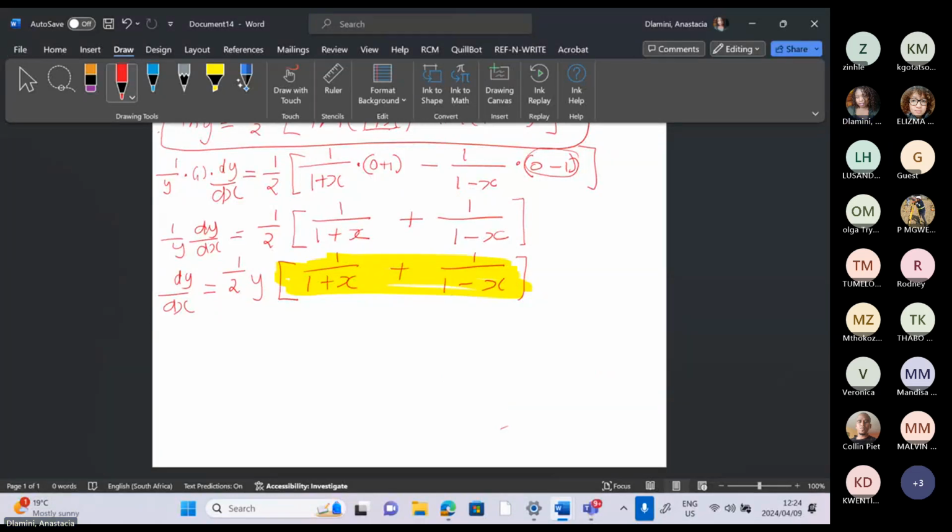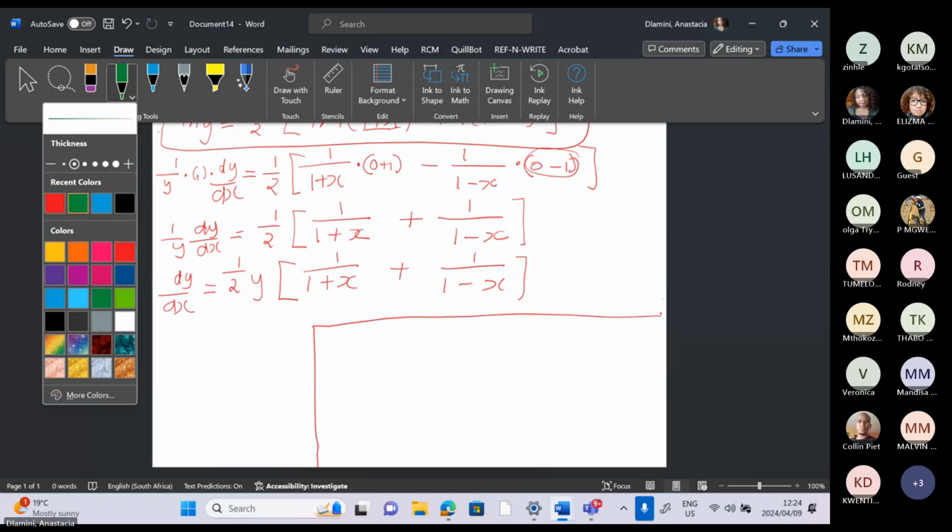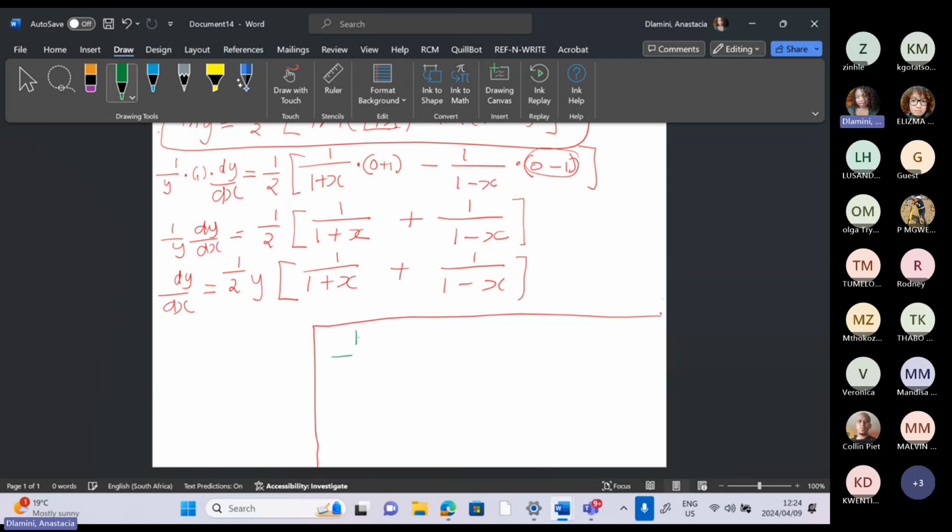So this is how I did it, and I find it easier for me, because sometimes it's not easy to just look and find the denominator. So I'll say 1 over 1 plus x plus 1 over 1 minus x, right?